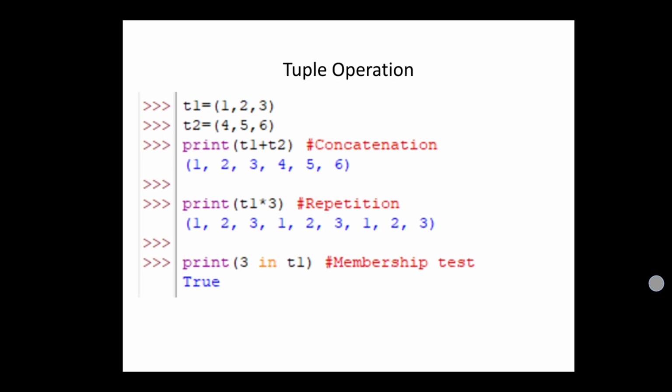That's why if we write print t1 asterisk 3, that means t1 will display 3 times. That's why we will get 1, 2, 3, 1, 2, 3, 1, 2, 3. Now membership test is possible in tuple. That's why print 3 in t1. Now 3 is present in t1. That's why true results.